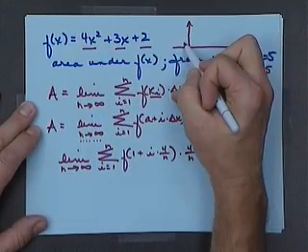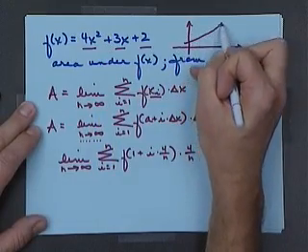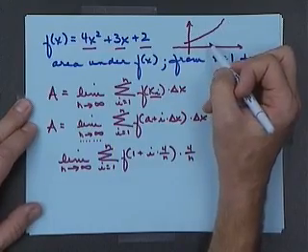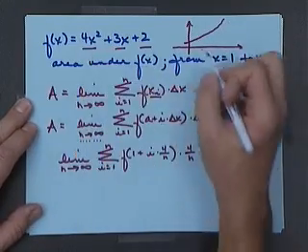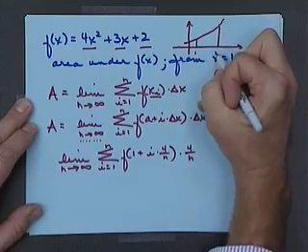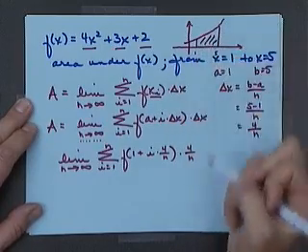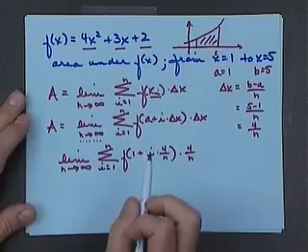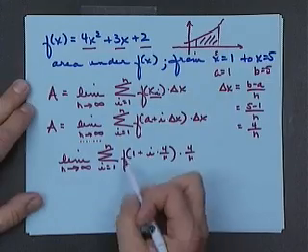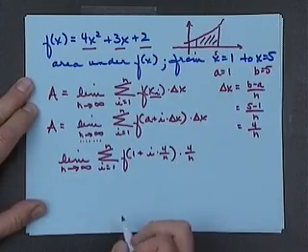I think the vertex is. Now, it goes up a whole lot quicker than this because of the 4x squared. But basically, we want the area under this parabola from 1 to 5. It's a lot more area than what it appears to be right there, because we're going to get a pretty large number for an answer.